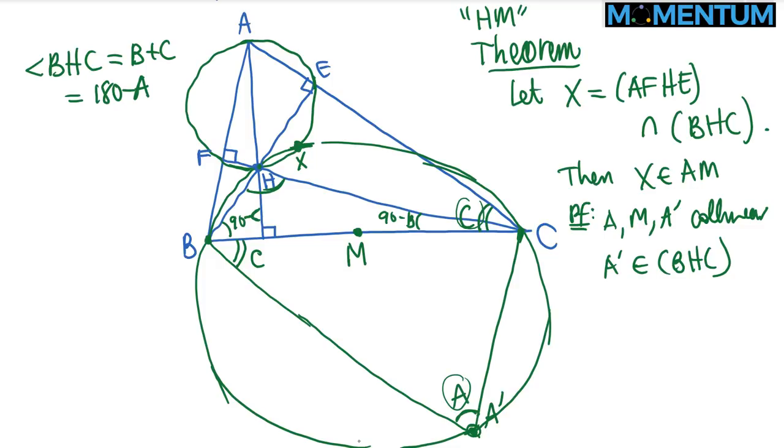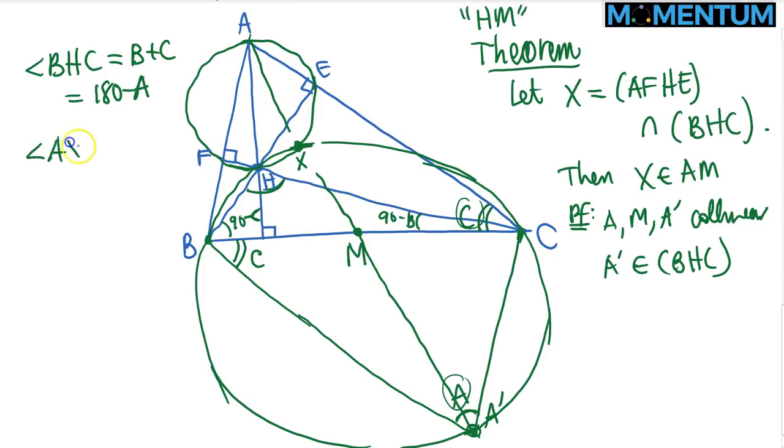Now, in the second step, we need to establish that this point X is indeed on that diagonal, which goes through the point M. We don't know for the time being if X is on that line. So what we can do is focus on two angles. Firstly, AXH.